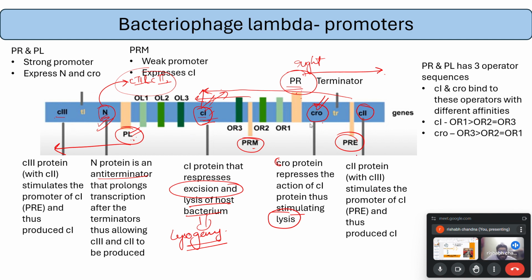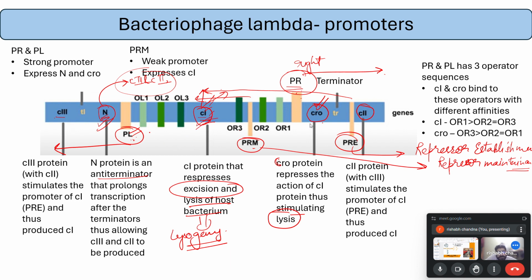So PRE stands for repressor establishment, and PRM stands for repressor maintenance. Okay, so these two promoters help in the formation of C1 protein.